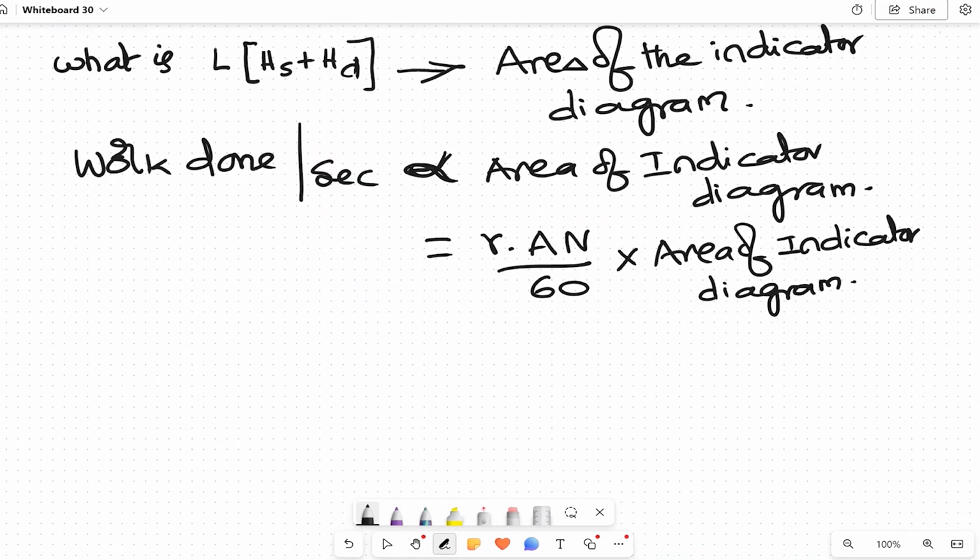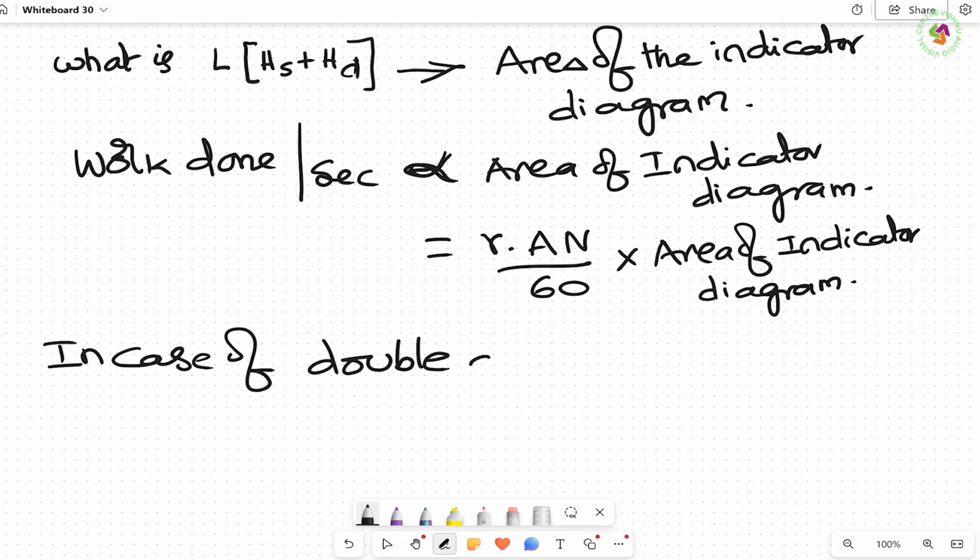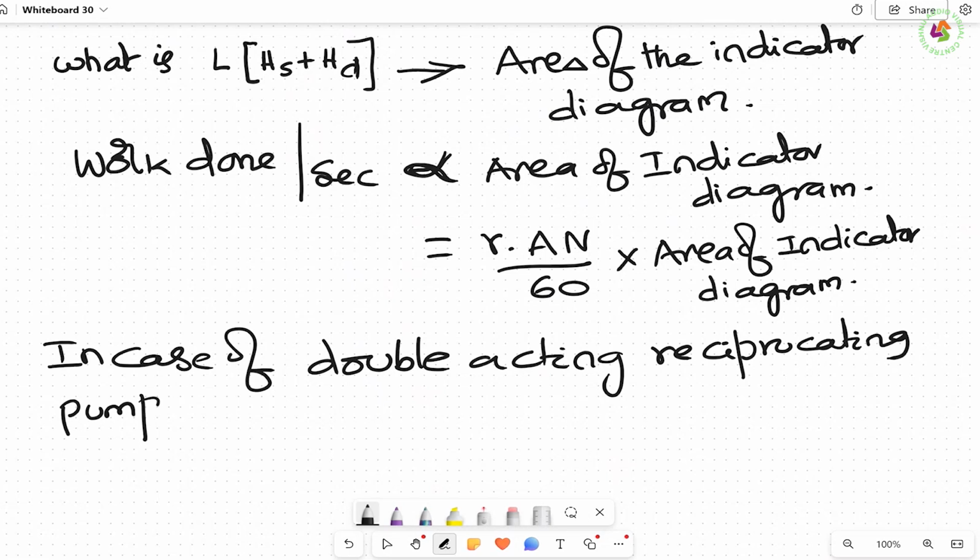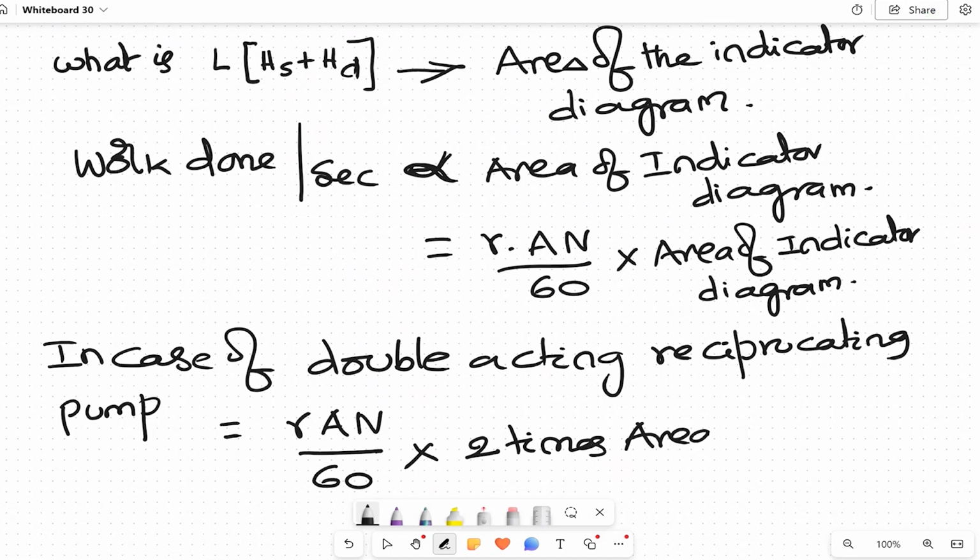This is for a single acting reciprocating pump. In the case of a double acting reciprocating pump, it is again gamma A N by 60 into 2 times the area of the indicator diagram.